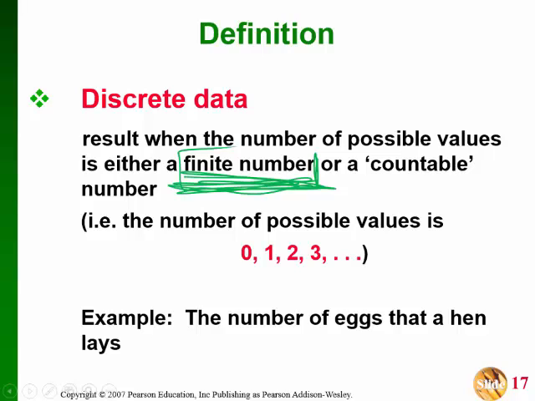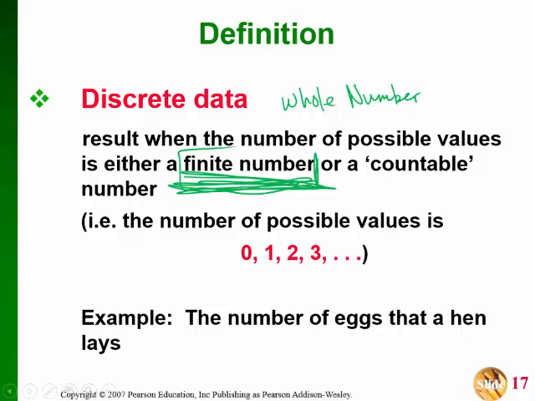And basically, if you can describe it as a whole number, that's usually enough to be able to describe discrete data. Like a good example is the number of eggs that a hen lays.